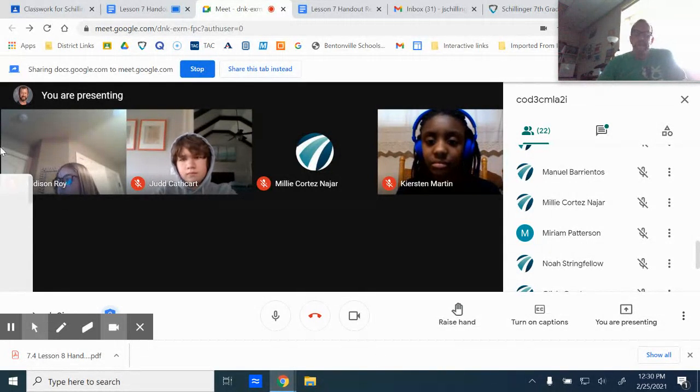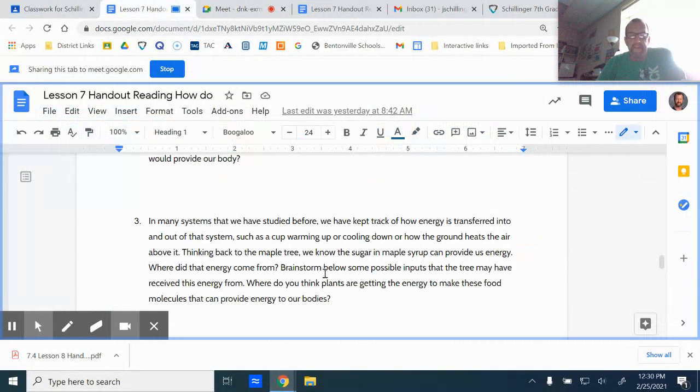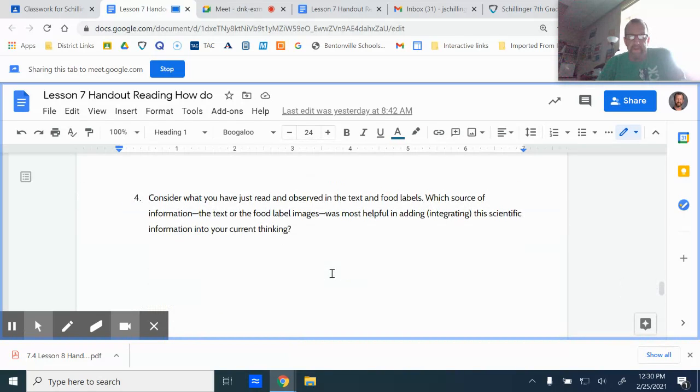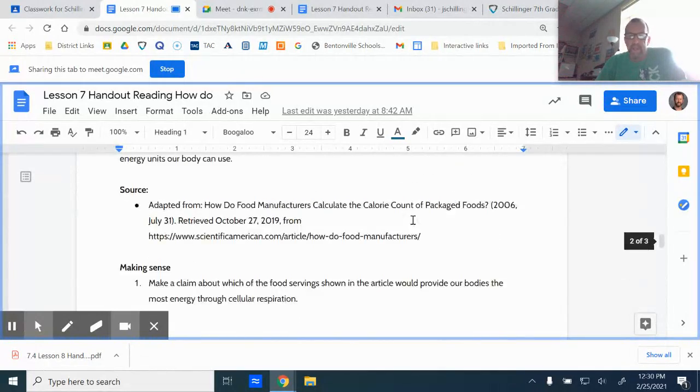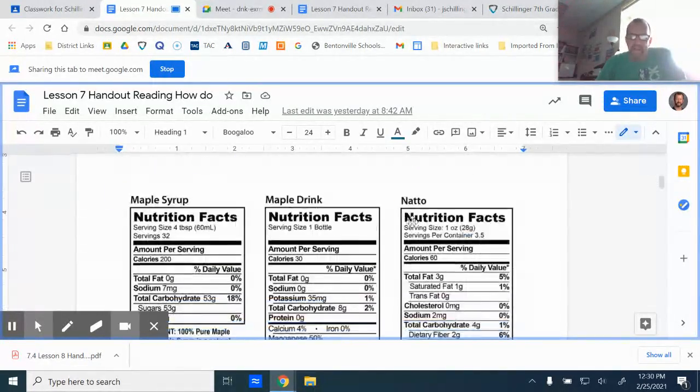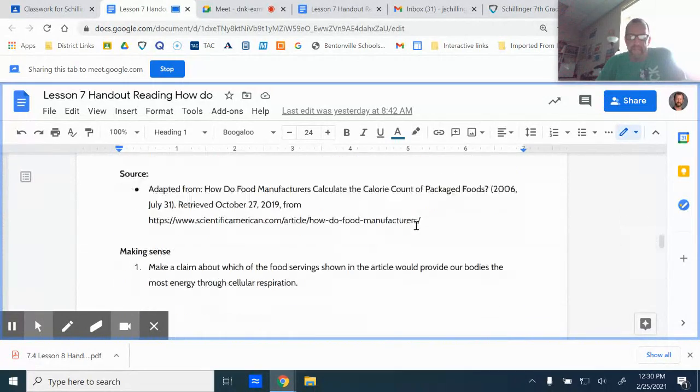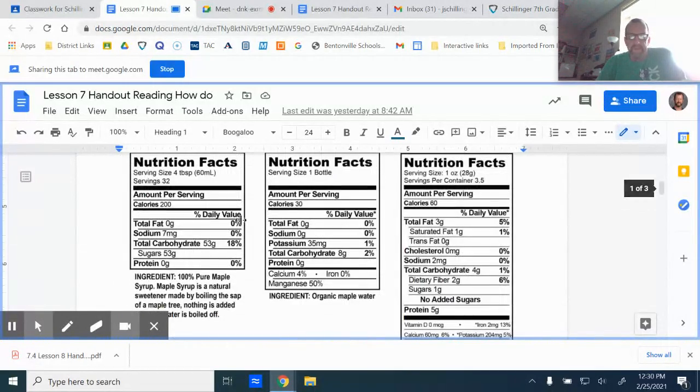Okay. Now the fourth question on here, this is kind of an independent question for you. It says, consider what you have read or observed in the text and the food labels. So you read some stuff here, or I read it to you, but you can read back over it again. Or the food labels, which are these three food labels right here.